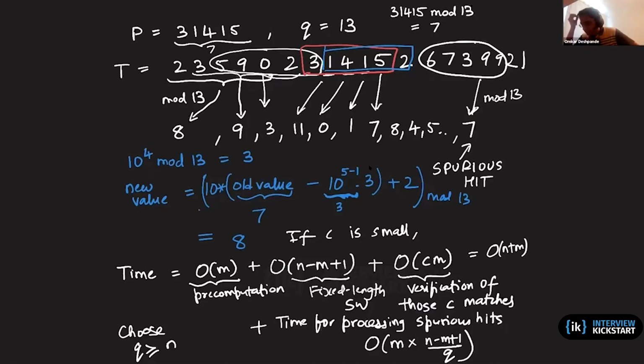I'm arguing that both can be expected to be small enough that this explicit matching phase will take no more than order m time. In fact, you could pick q to be large enough that the possibility of collisions is really low, and you don't even need to do an explicit match. In that case, just the first two components here would suffice.